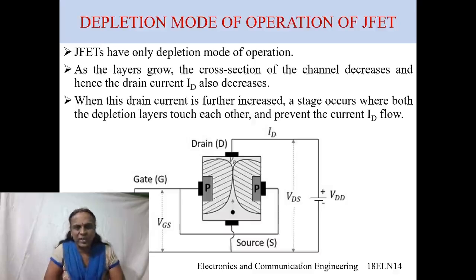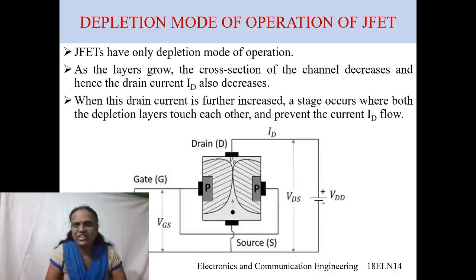Whichever is at a higher potential is named terminal A, and the lower potential terminal B. Then the depletion layer expands towards the positive terminal of the gate.